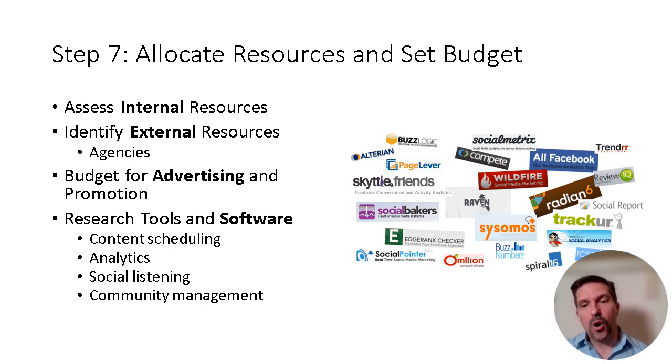Good. Now, another thing that you need to start thinking about, and we'll talk more about this later, is budgeting for advertising and boosting your social media content. Like I was mentioning a couple of slides before, the days of only organic social media optimization are over, right? You're going to have to do some boosting of your content to make sure that it reaches as wide an audience as possible.